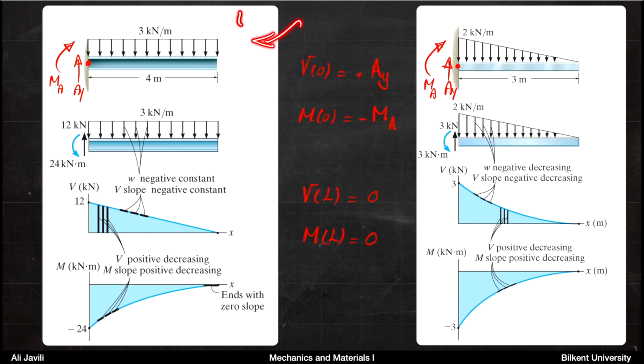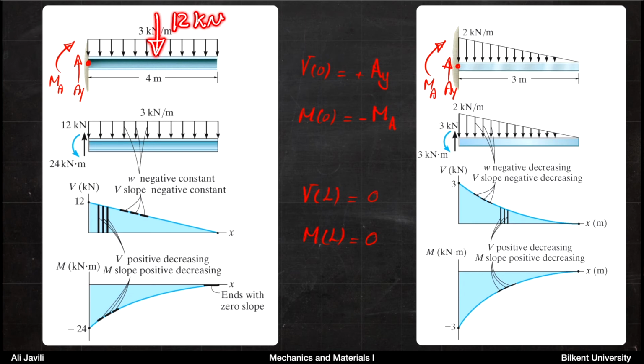On the left hand side, this would be the one with a uniformly distributed load. That's 3 kilonewton per meter. The length is 4 meters. So the equivalent force of that would be 12 kilonewton in the center.